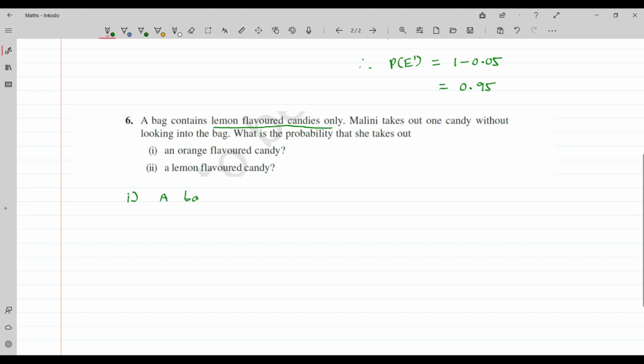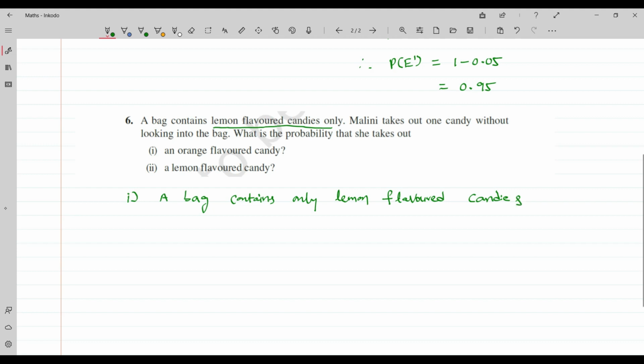A bag contains only lemon flavored candies.